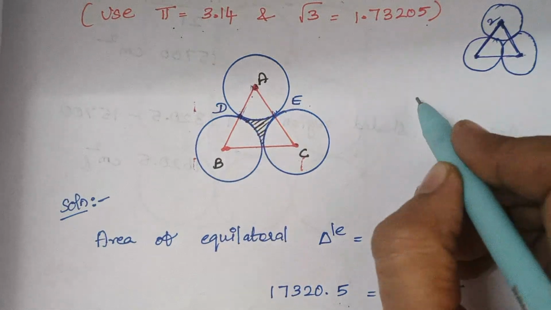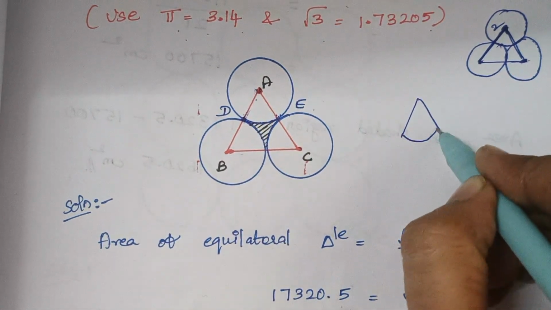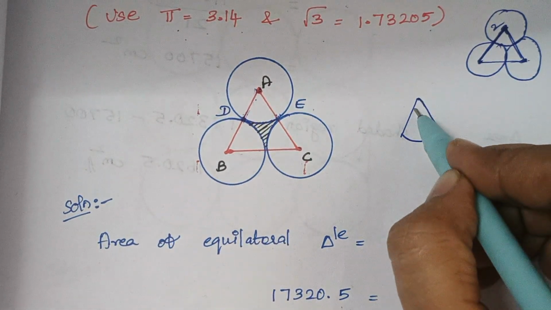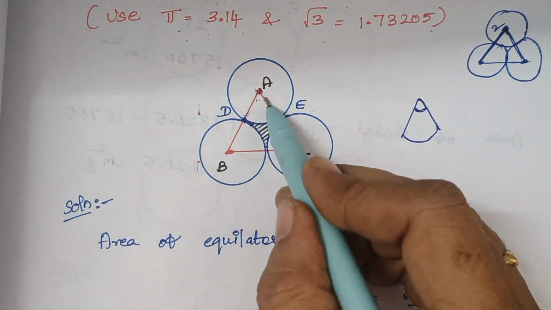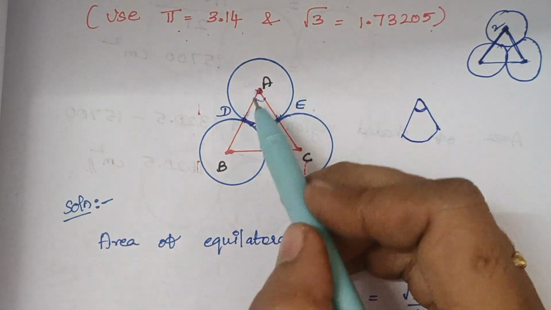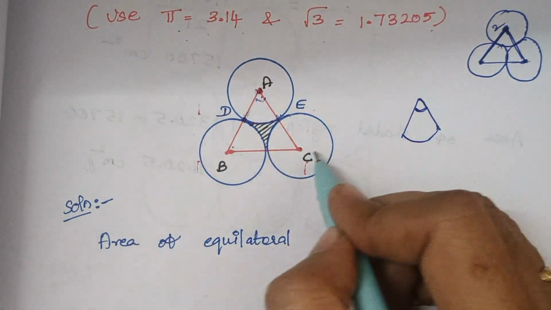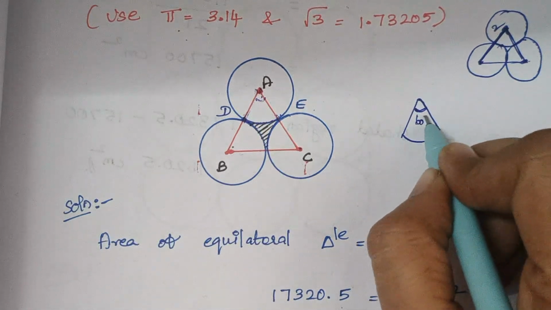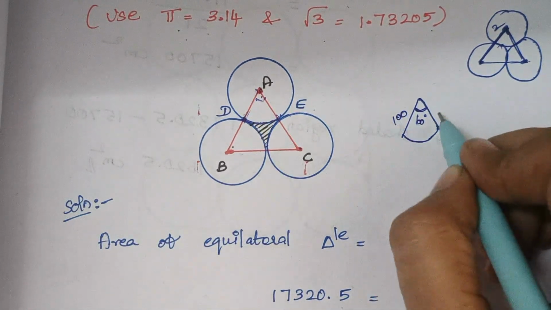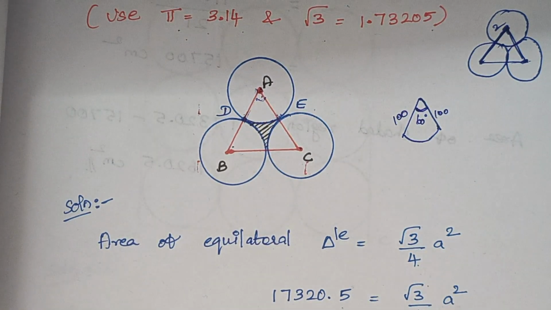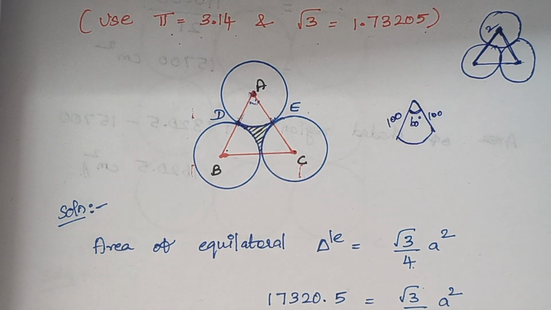What about the angle between these two? Can you make a guess? The angle of an equilateral triangle is 60 degrees. Here it is 60, here it is 60, and here it is 60. So we can easily calculate the area of the sector.